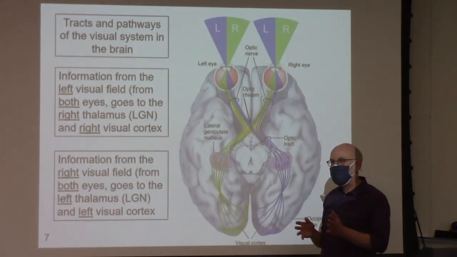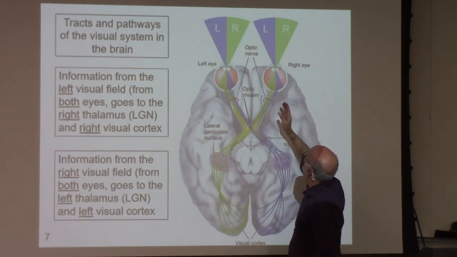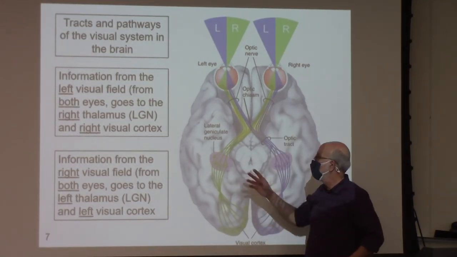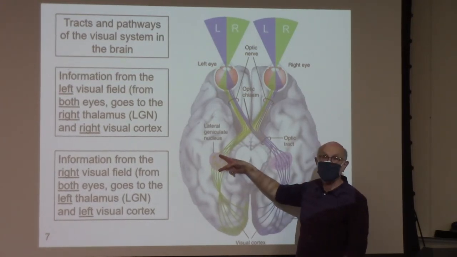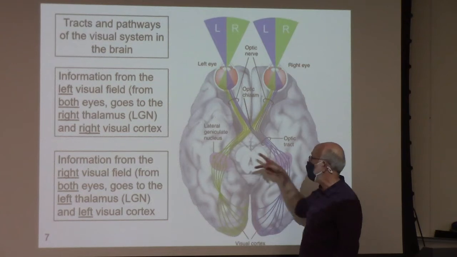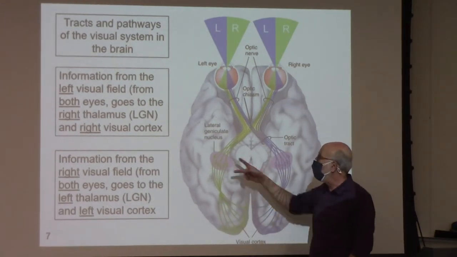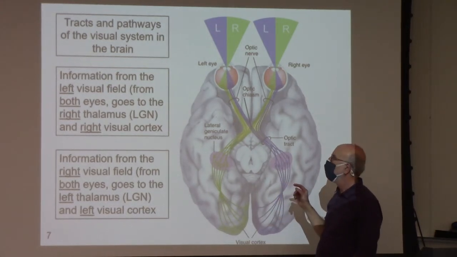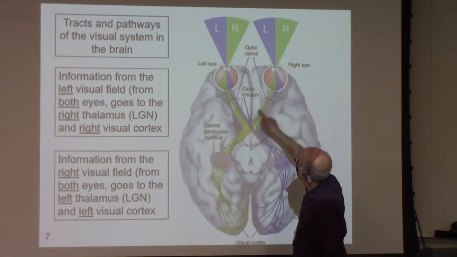What this means, functionally, is that both, so we're going to the lateral geniculate nucleus of the thalamus. That's where we're going. Both lateral geniculate nuclei get information from both eyes, right?